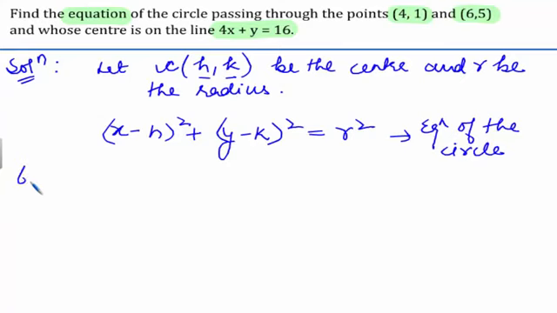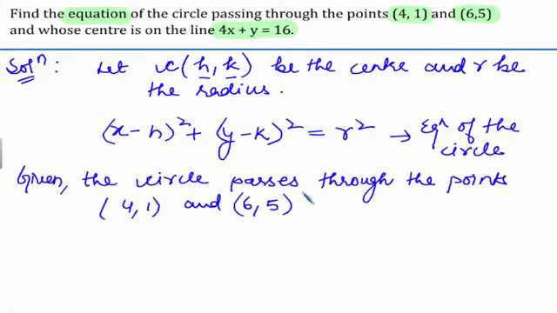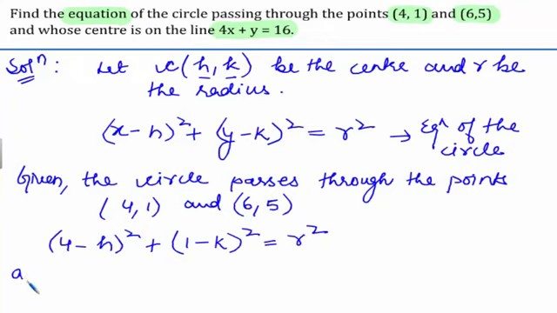Now we are given that the circle passes through the points having coordinates 4, 1 and 6, 5. Therefore, here we have (4 minus h) whole square plus (1 minus k) whole square is equal to r square.